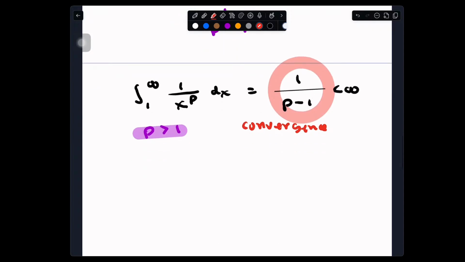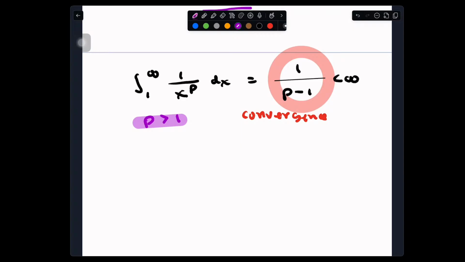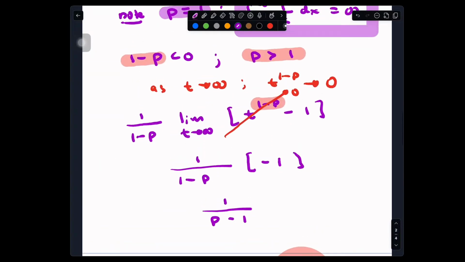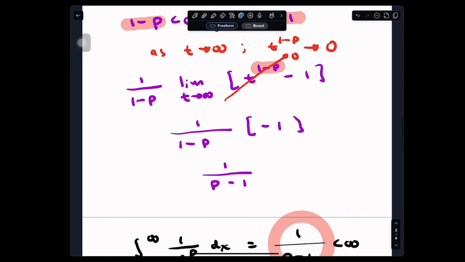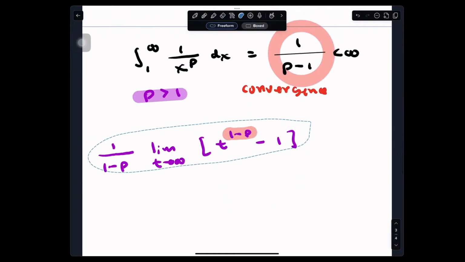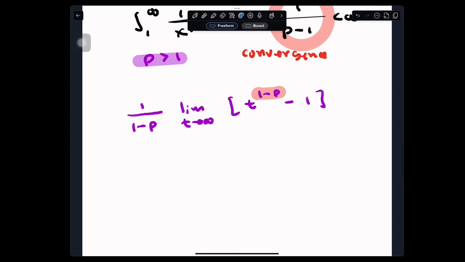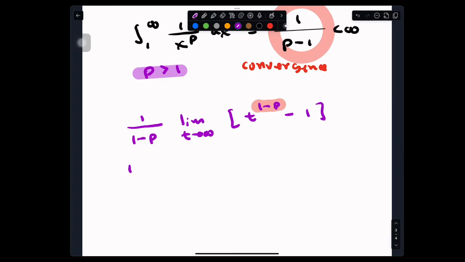Okay, now the second case we're going to look at here, if we go back to this particular integral again, okay, we're looking at these cases here. Is we're going to consider the case where that power again of 1 minus p here is positive, which means p is smaller than 1.